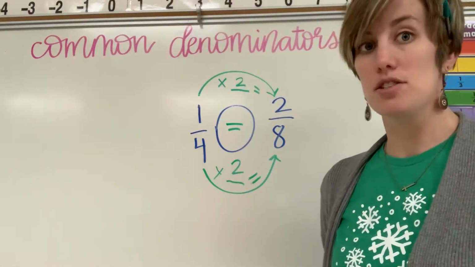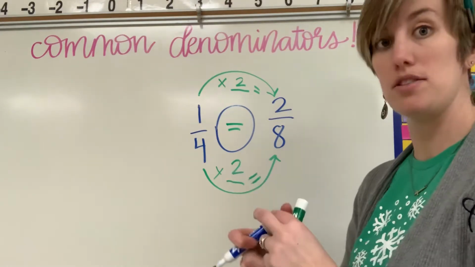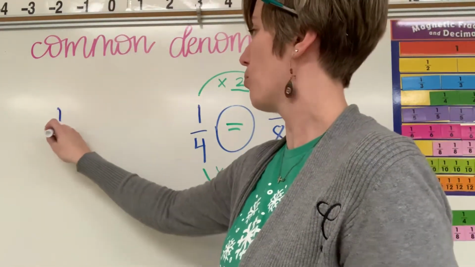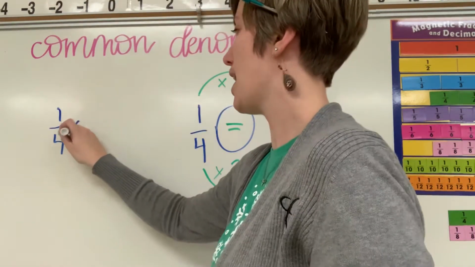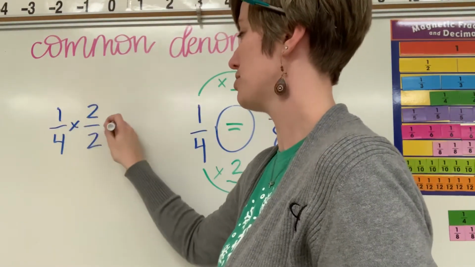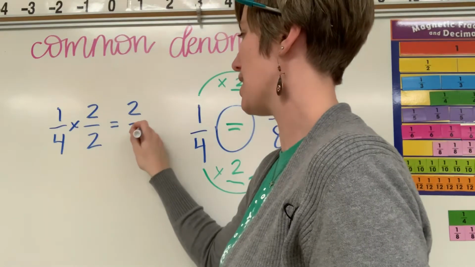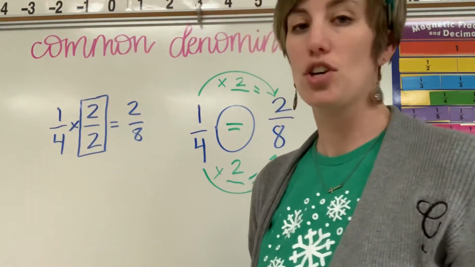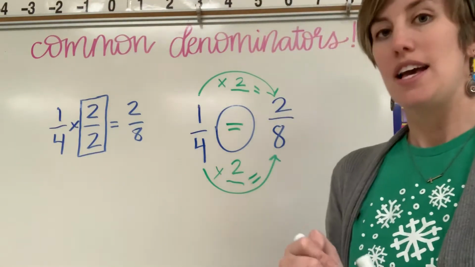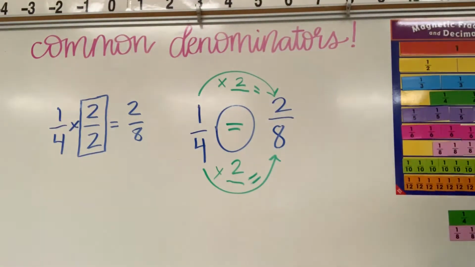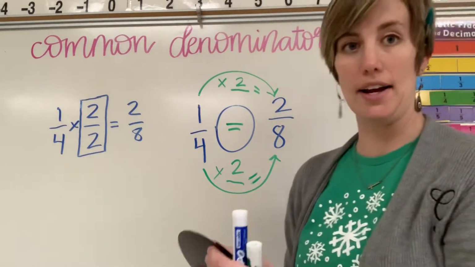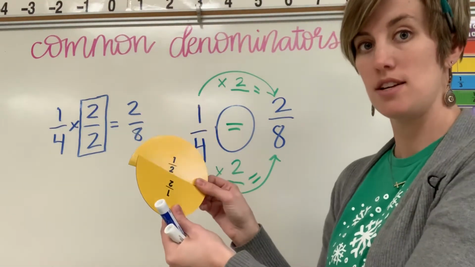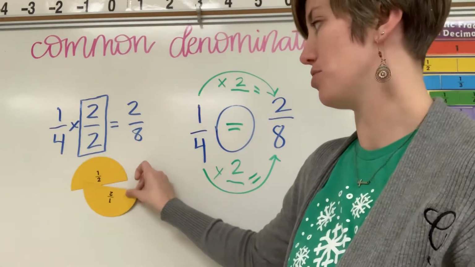Now, in addition to just knowing that whatever you do to the top, you must do to the bottom, I have explained to my students this. 1/4 times 2 over 2 equals 2/8 because this number here is code for 1. Anytime you have a pie or whatever else you have cut into 2 pieces, how much of the pie do you have?